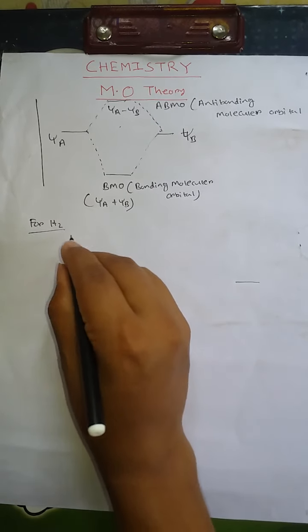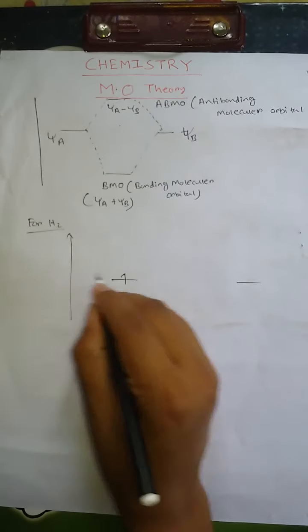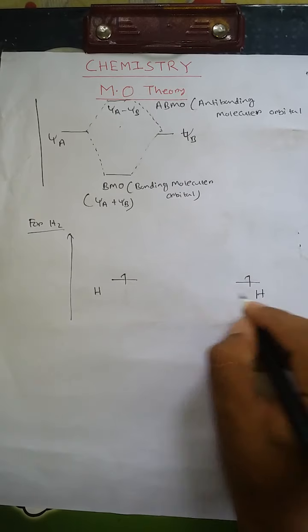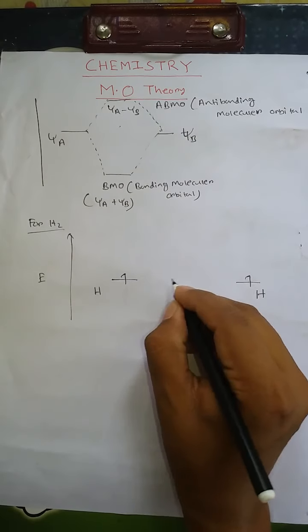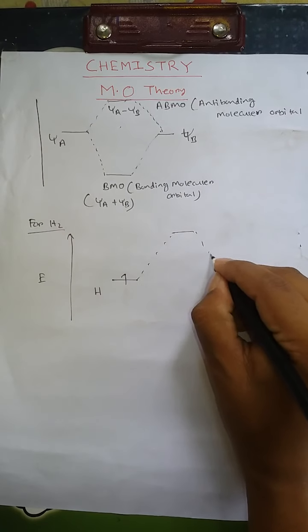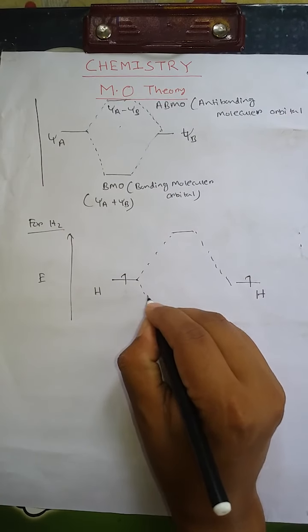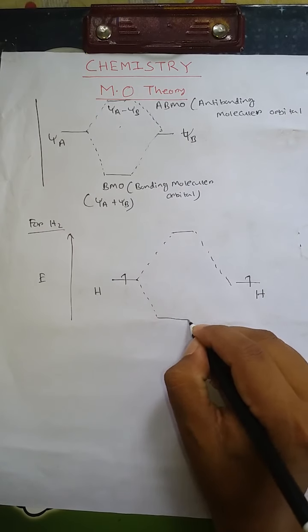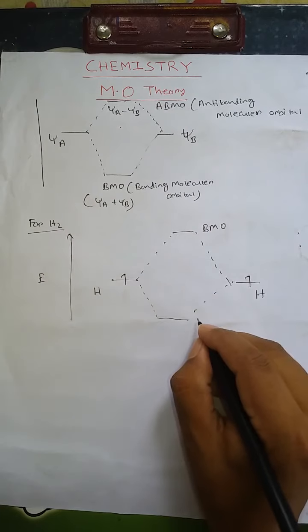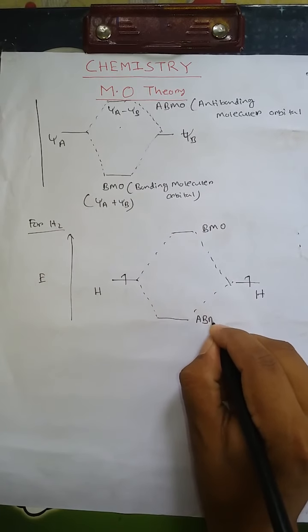One electron is present in one hydrogen atom and one electron is present in the other hydrogen atom. So when they combine, two types of molecular orbital form, that is BMO and ABMO.